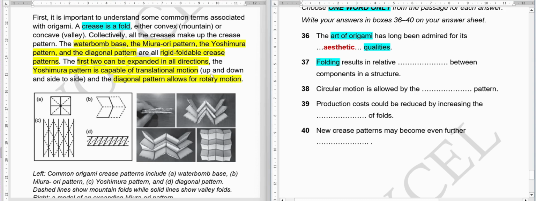Okay, so this is your paragraph. Let's read it again, and then I will give you 10 seconds for this. A crease is a fold. Collectively all the creases make up the crease pattern. The water bomb, the Miura Ori pattern, the Yoshimura pattern, and the diagonal pattern are all rigid foldable crease patterns. The first two can be expanded in all directions. The Yoshimura pattern is capable of translational motion, and the diagonal pattern allows for rotary motion.